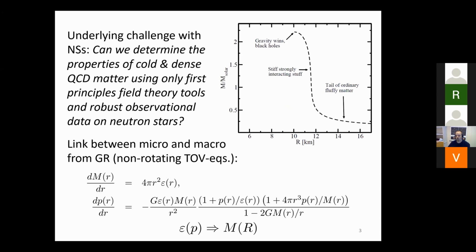And as you all know, the connection between these macroscopic and microscopic worlds is provided by the famous TOV equations that basically connect the equation of state, the functional relationship between the energy density and pressure of QCD matter, to the macroscopic properties of neutron stars, mainly their mass radius relation. The way this works is that if we have an accurate understanding of the equation of state, then by plugging that into these TOV equations for non-rotating stars, we obtain an accurate, precise prediction for the mass radius relation of neutron stars, on top of which all of our observations should collapse.